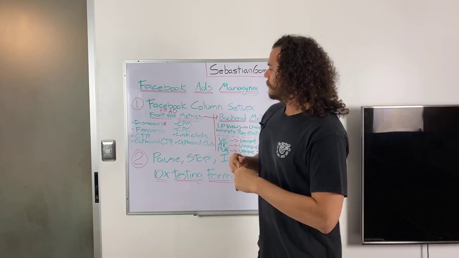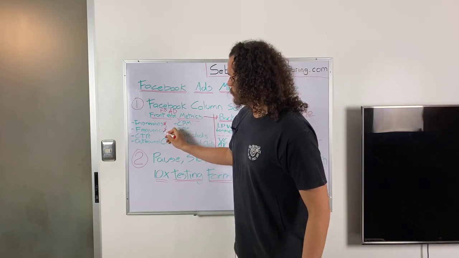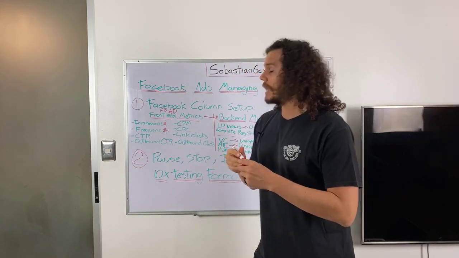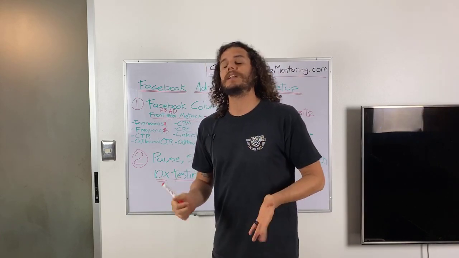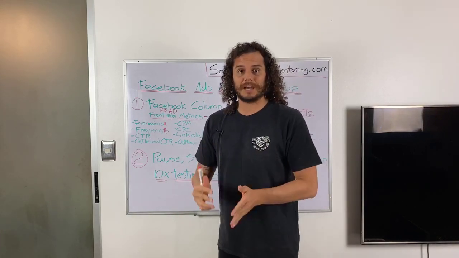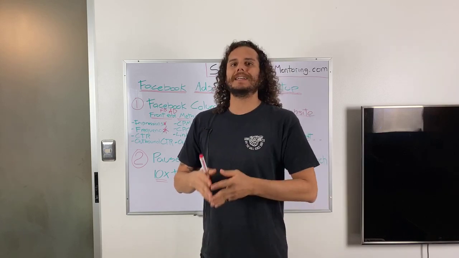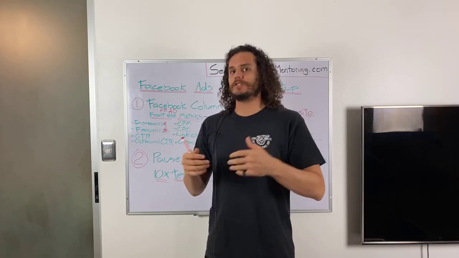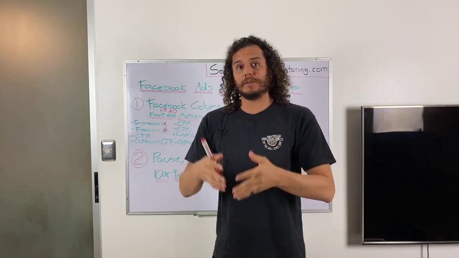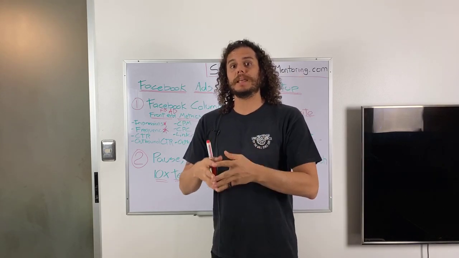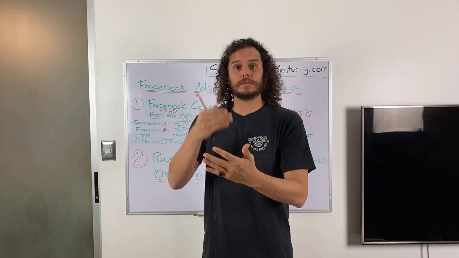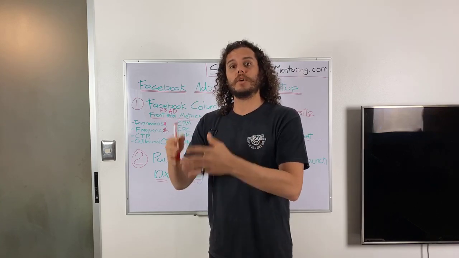Really important. Then the frequency, this is something that not a lot of people take advantage of, because they don't understand. Frequency is the amount of times that this ad is going to be shown to every single Facebook user. Let me take a step back. It's the amount of times that your ad is displayed to the same Facebook profile within that specific audience that you're targeting.